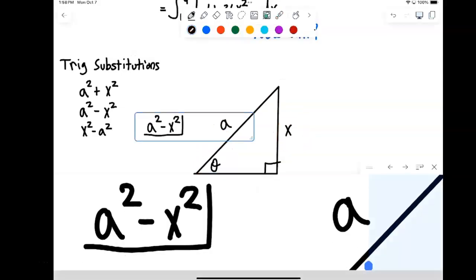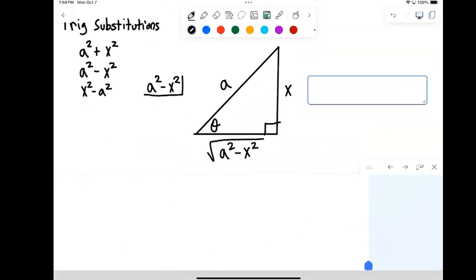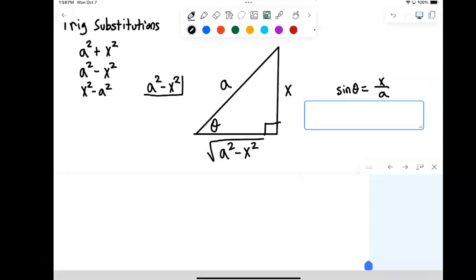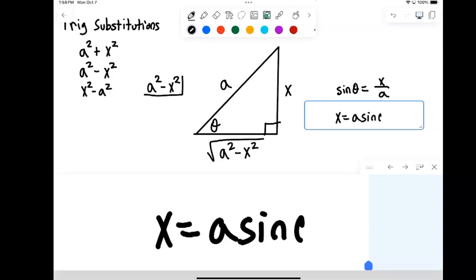So in addition to that relationship, we know that sine of theta is equal to opposite over hypotenuse. And so that means that x is equal to a sine theta. Okay.